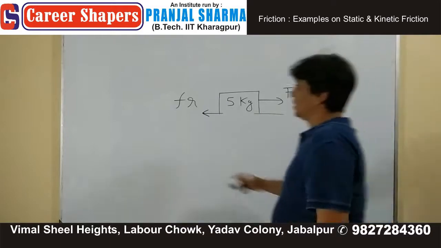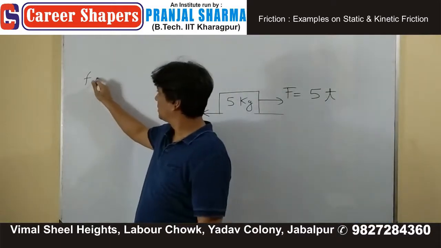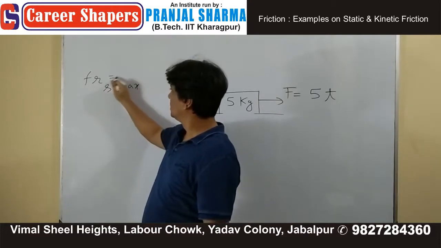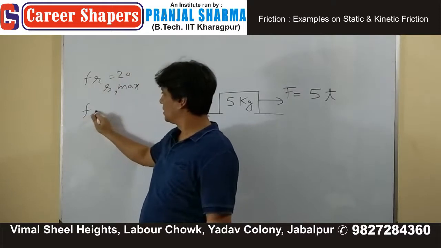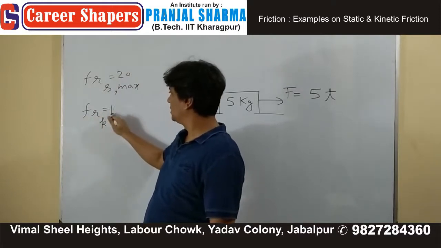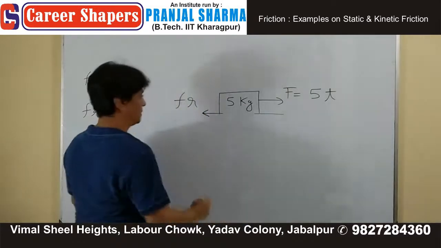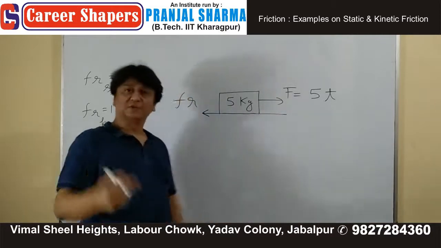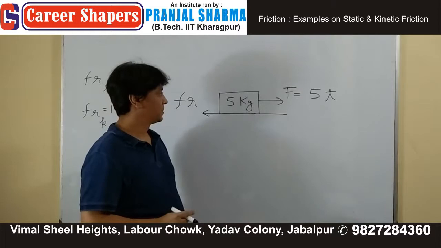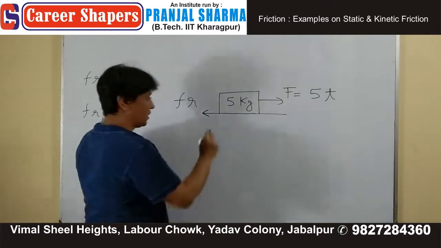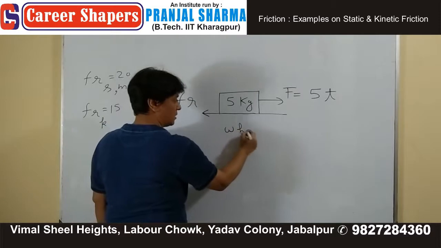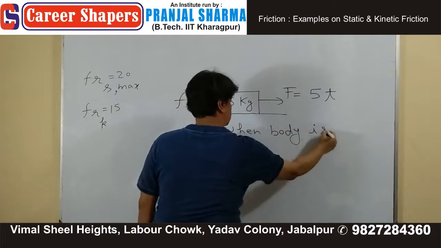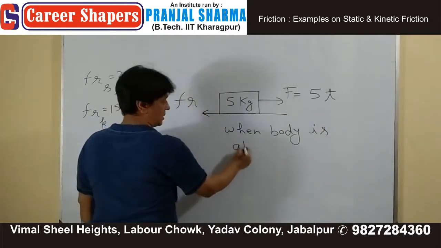Good. Look, Fr static max is 20, Fr kinetic is 15. The question says at what time body starts moving. When body is about to move.